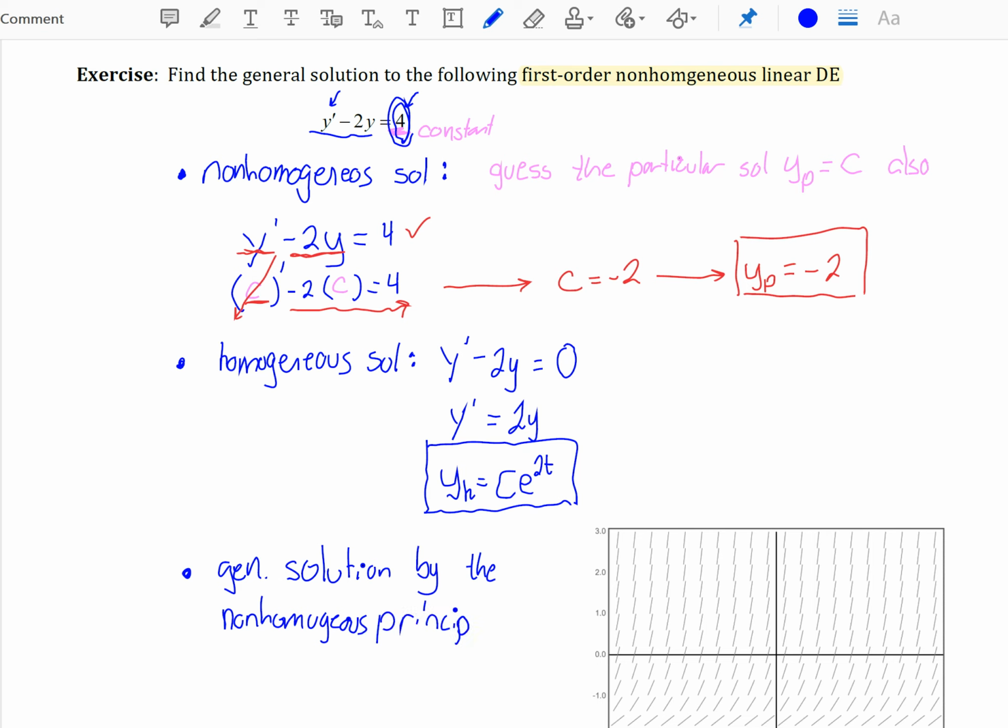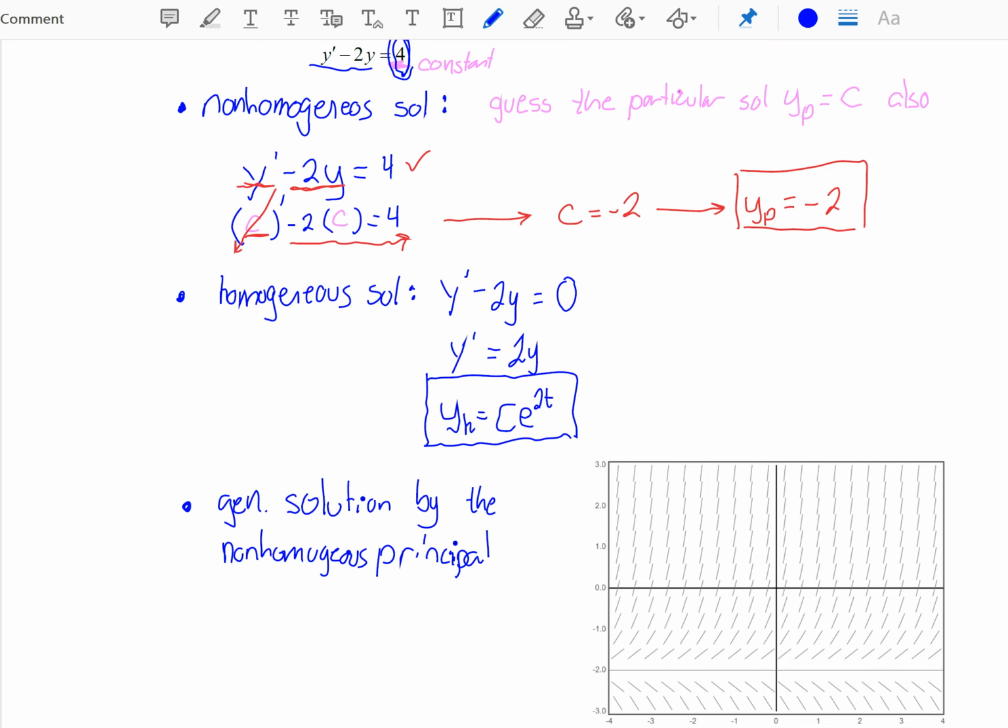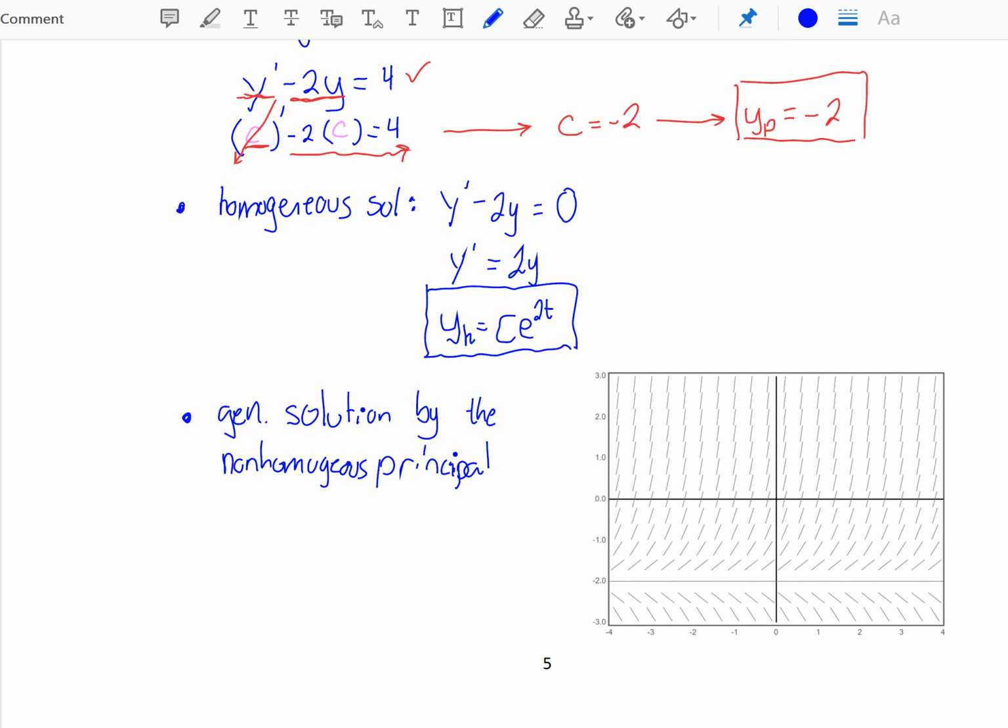I will be expecting you to reference appropriate theorems when we do our exams, so get in the practice of doing it in your homework as well. By the non-homogeneous principle, our general solution should be y of t, your particular solution, negative 2, plus your homogeneous solution, c e to the 2t. This is what we're looking for.